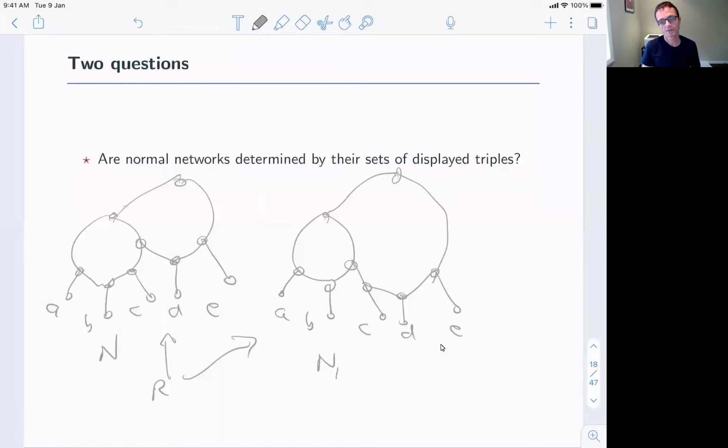Well, let's extend that by adding a caterpillar-like structure onto all three. The ordering on the leaves is the same, and those three trees I can make arbitrary size, and they have the same sets of triples and quads.